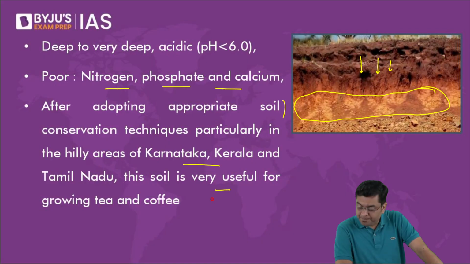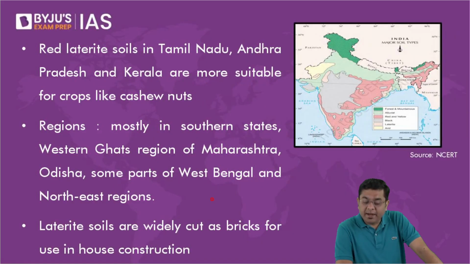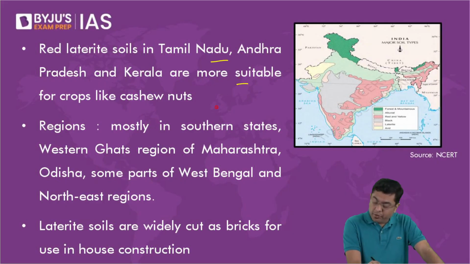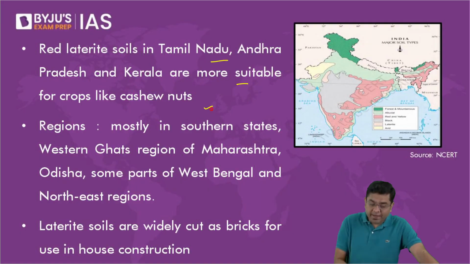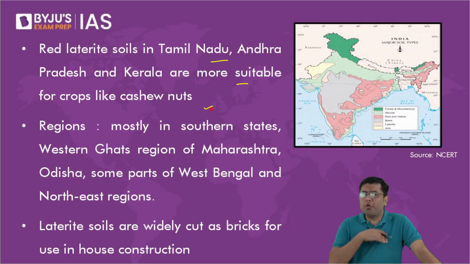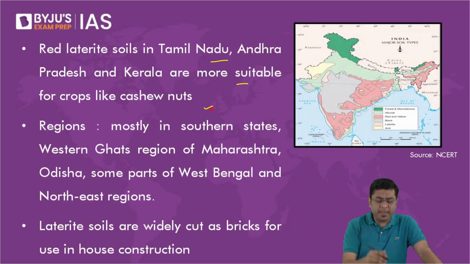Okay. Now, then red laterite soil in Tamil Nadu, Andhra Pradesh, and Kerala are more suitable for crops such as cashew nuts. So, in regions where you find them, mostly in the southern states where you have heavy rainfall followed by a dry condition for a prolonged time.